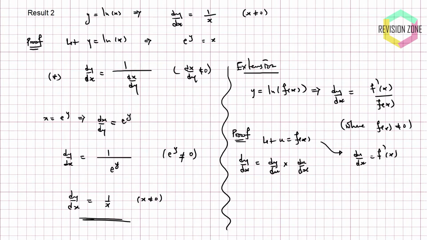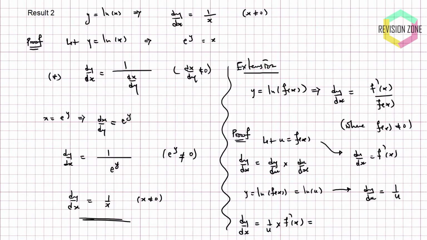Also, since u equals f of x, y equals log of f of x is just log of u, which tells me that dy by du, by the result we've worked out on the left, is just 1 over u. So I can now put both of these into my chain rule formula, and I can say that dy by dx is 1 over u times f prime x.